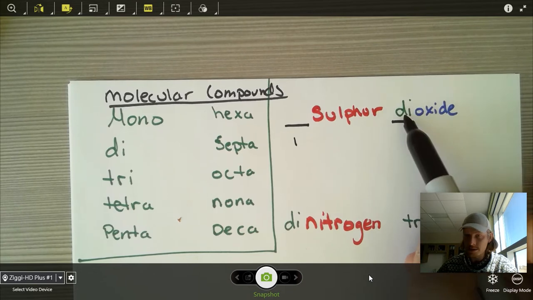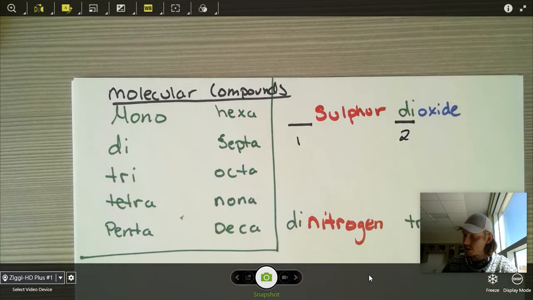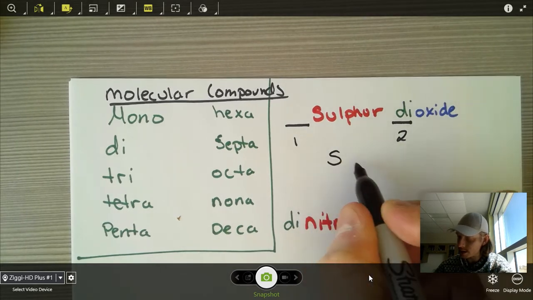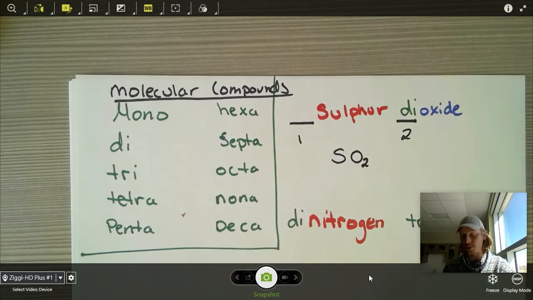And our di is telling us that this is 2. So we have 1 sulfur, 2 oxygen. This is just SO2. And with our moleculars, we can't be sure of the state like we can with our ionics, so we're just going to leave it like that. 1 sulfur, 2 oxygen, straightforward.